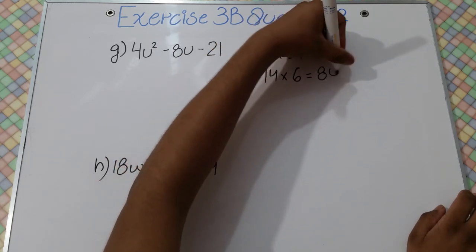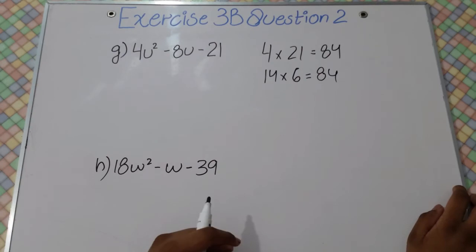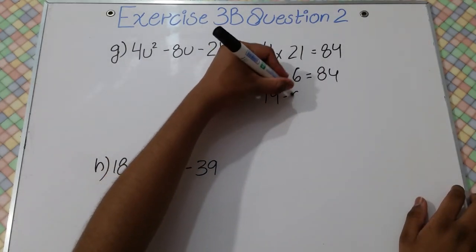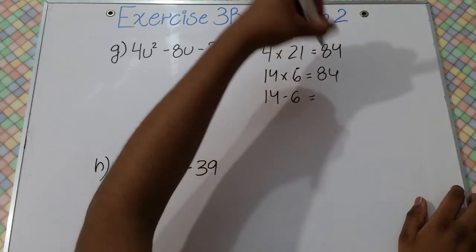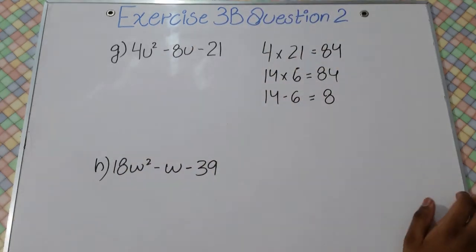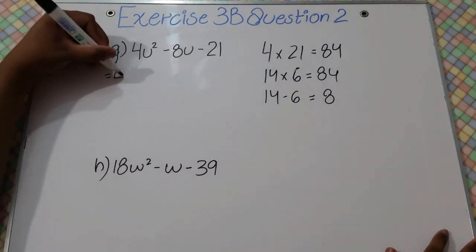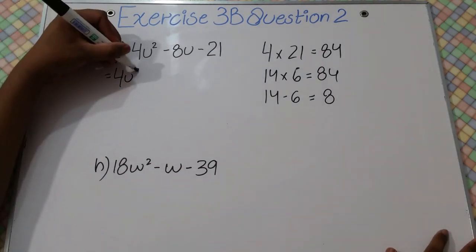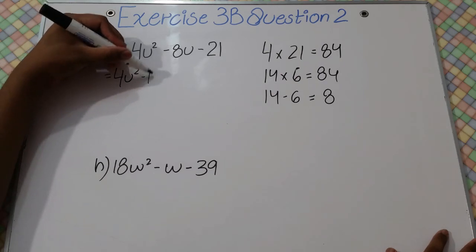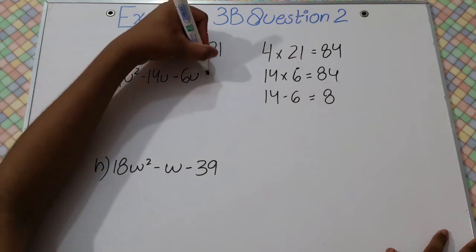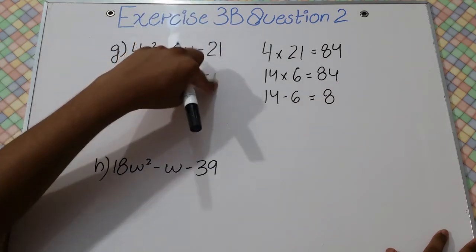I think it would be 84, and then if we just subtract 6 from 14, it would be 8. So I think it is the middle term, so it would be 4u square minus 14u minus 6u and minus 21.